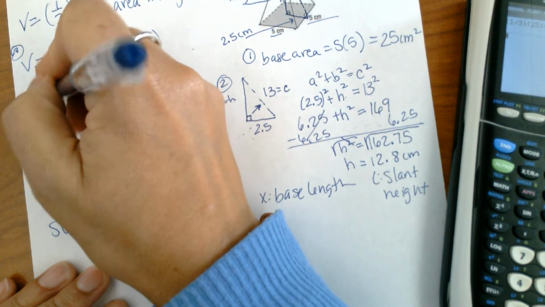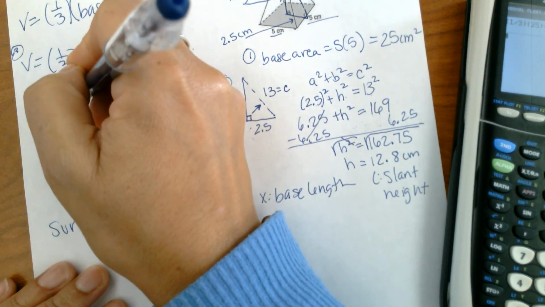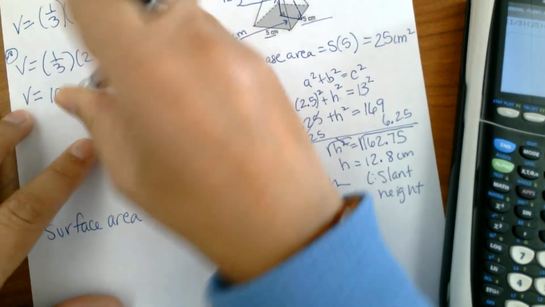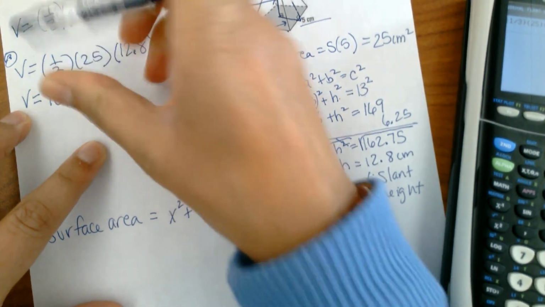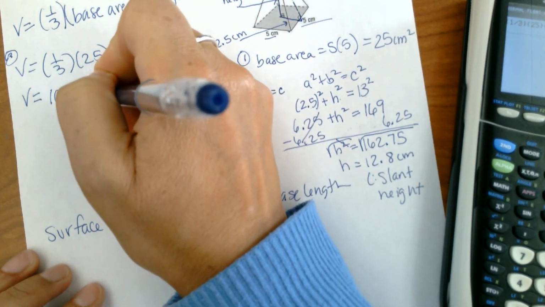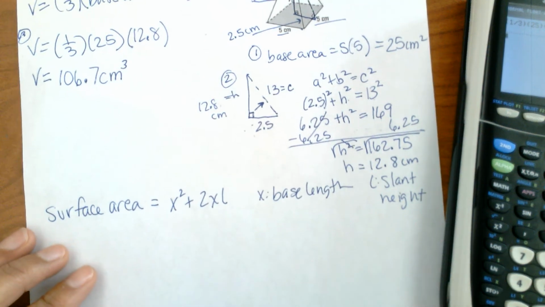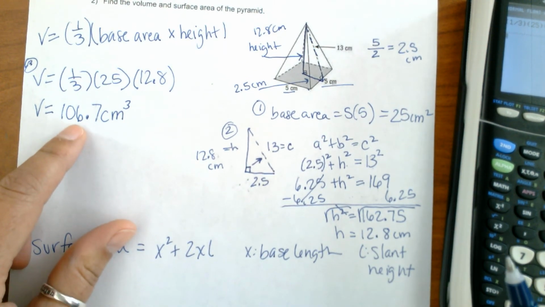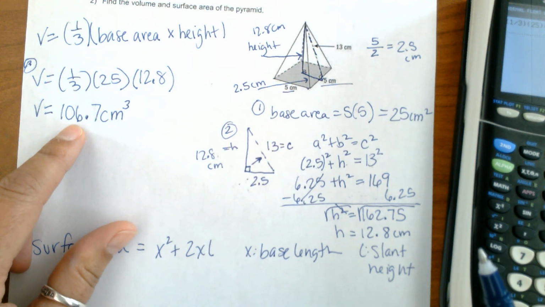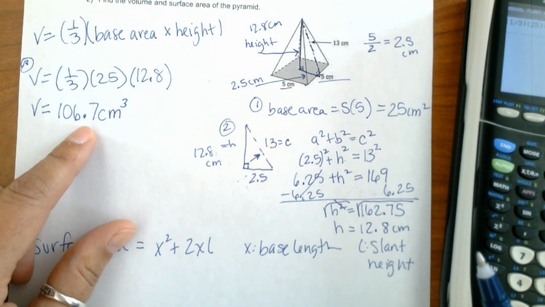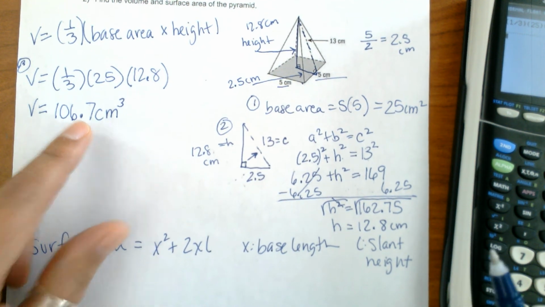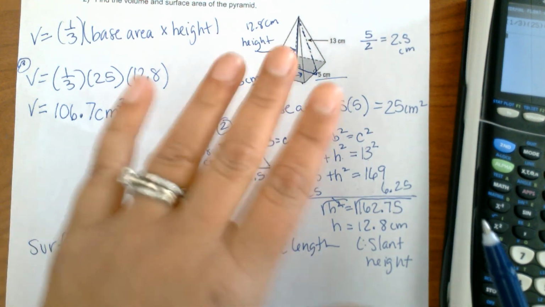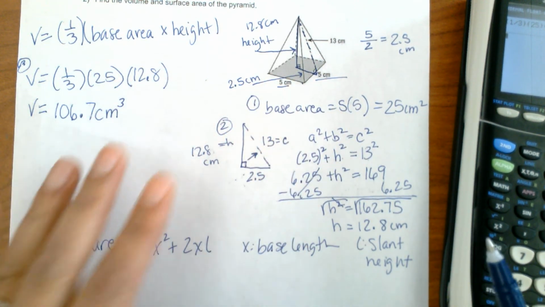I feel like I'm rounding a lot here. If you want to wait to round, that's absolutely fine. For IB questions like this, what they're looking for is the work, and sometimes they actually have a range. They may say, okay, accept answers between 106.5 and 106.8. So sometimes they do that because they know a lot of rounding is involved.